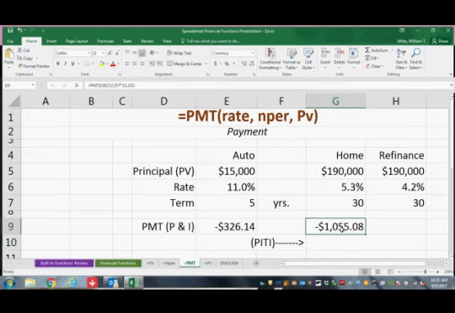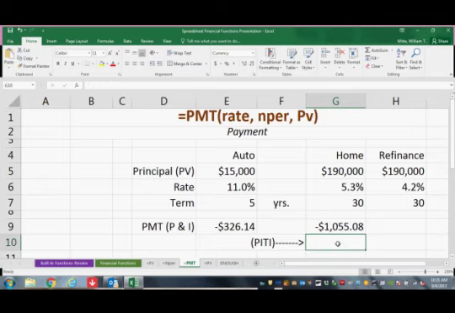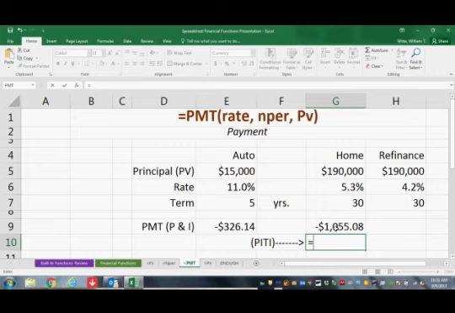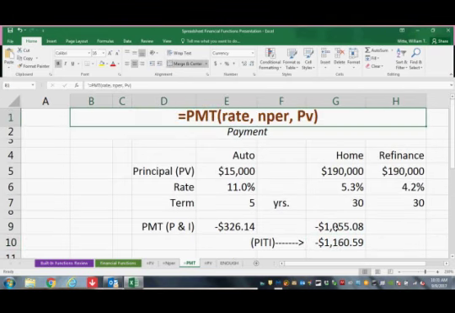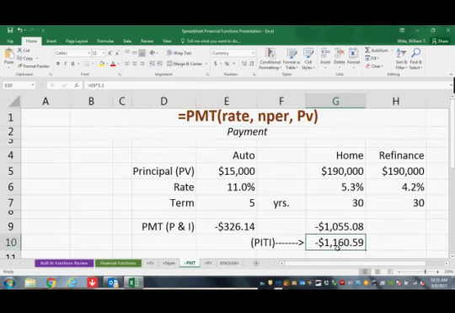I can multiply this cell times 1.1, which will add the 10%. So I can say equals this cell times 1.1. I need the 1 for the original amount, and then the 0.1 for an additional 10%. And if I hit enter, son of a gun, my monthly payment would be $1,160, and that includes principal, interest, taxes, and insurance. We call that PITI.